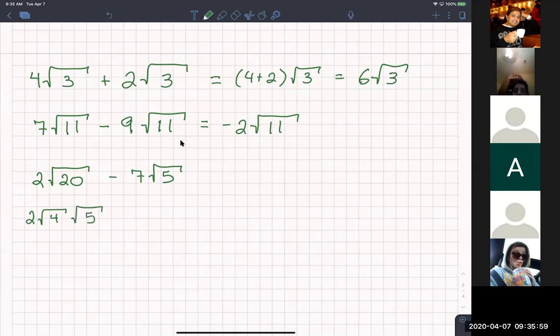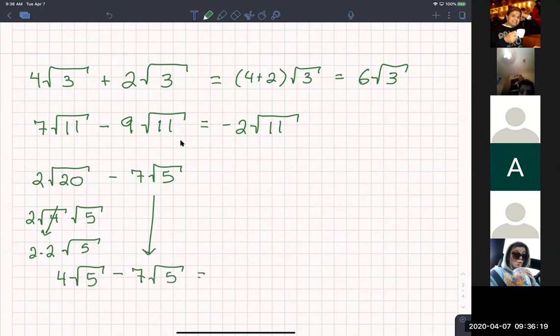Okay. And this 4 becomes a 2, so it's 2 times 2 root 5, which is 4 root 5 minus 7 root 5, and this gives you negative 3 root 5.